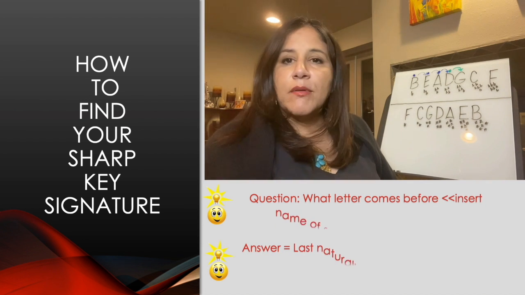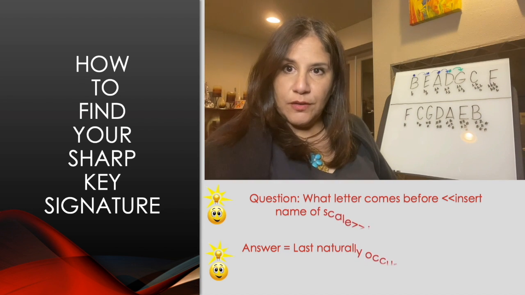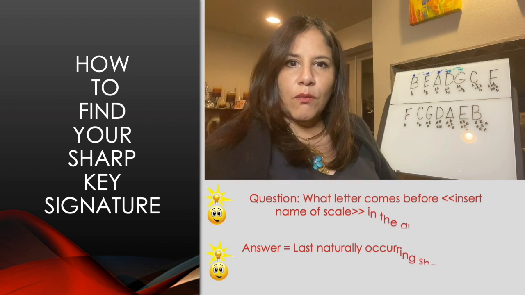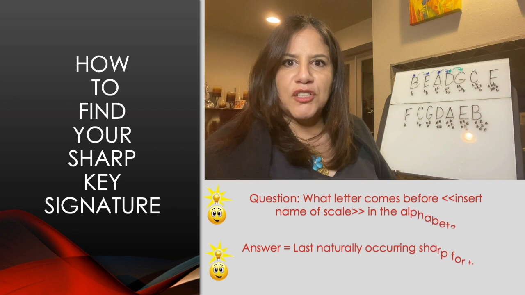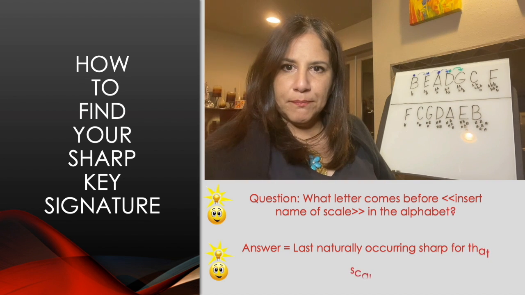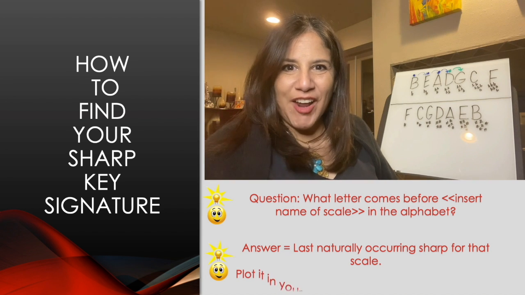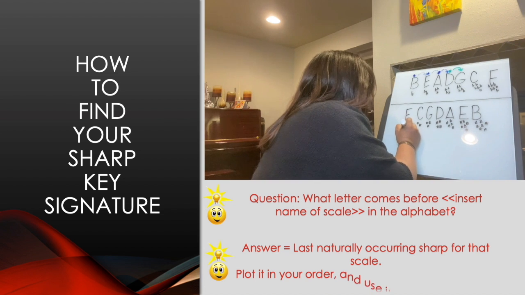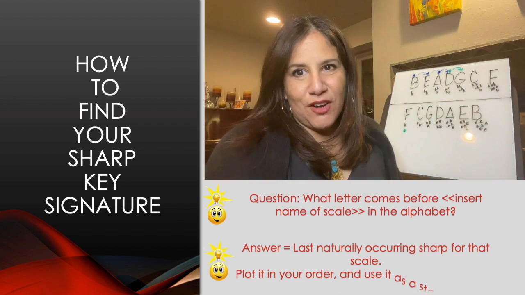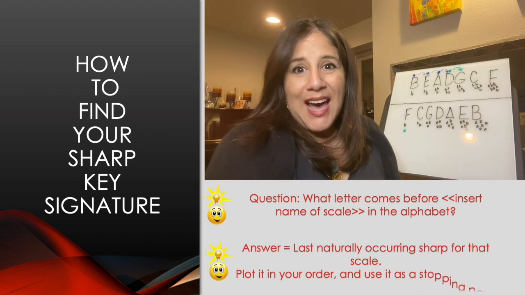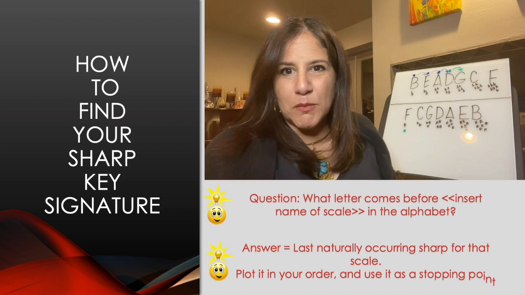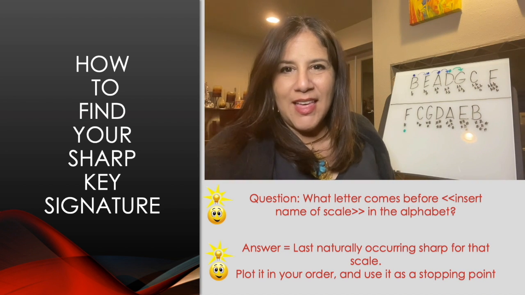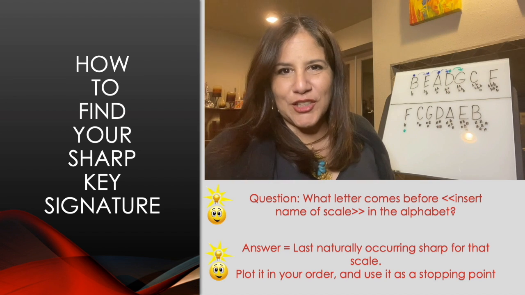So, if I were to say G major, then you ask yourself, what letter comes before G in the alphabet? You're right, the answer is the letter F. So then we plot that F, and it happens that F is our first sharp. But that F, that last letter that comes before the name of the scale in the alphabet, that's the last naturally occurring sharp as well.